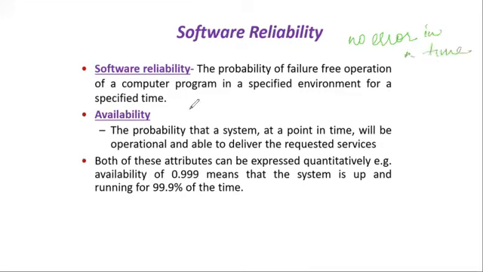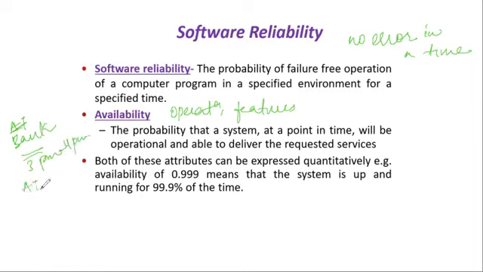Then the next is availability. Availability is the probability that a system at a point in time will be operational and able to deliver the requested service. Available means the specific operations and features are available to the customer. Now, if we take an example of an ATM for a bank. The bank is going to function up to 3 p.m. or 4 p.m., but still you can make transactions using the ATM.